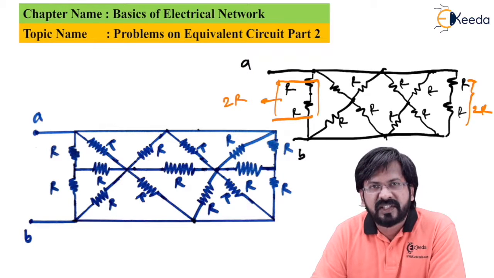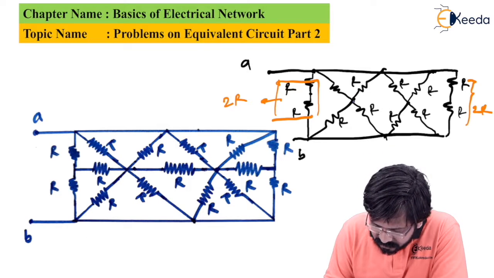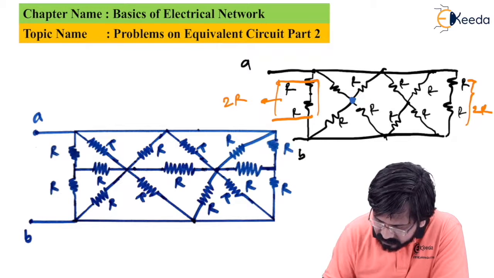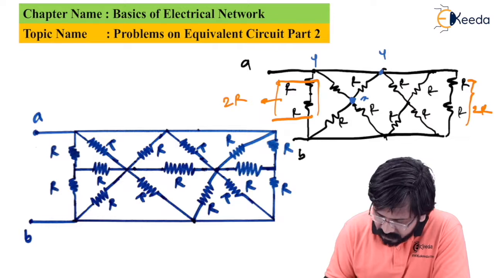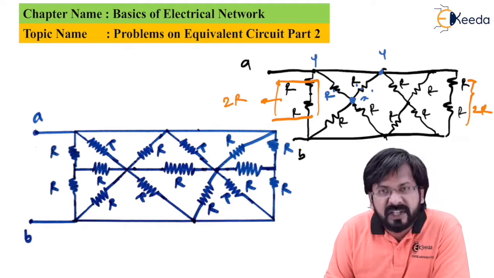Let us see what happens with the remaining resistors. Observe these two resistances. Let us consider this point as X and this point as Y. Now as you can see, this resistor R and this resistor R are connected in parallel with each other.